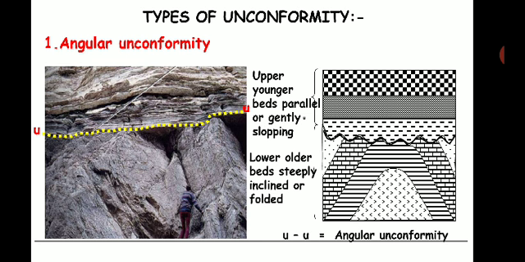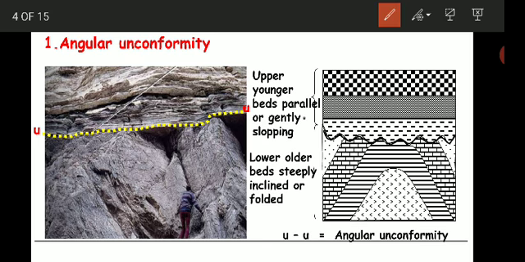So what is an angular unconformity? Here in the image you can see there are younger rocks and older rocks, right? This is the line of unconformity, and these older rocks are inclined, whereas the younger rocks are horizontal.